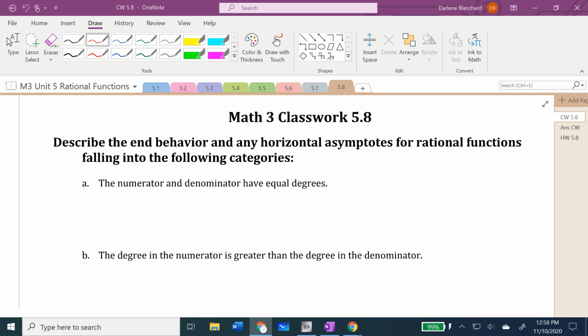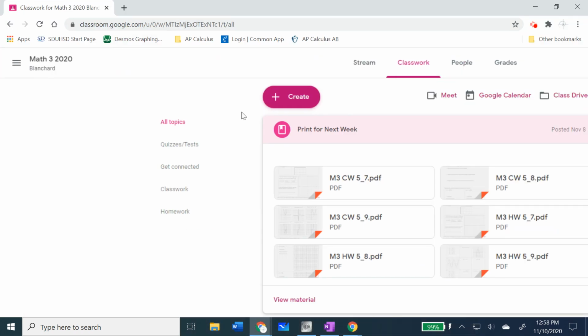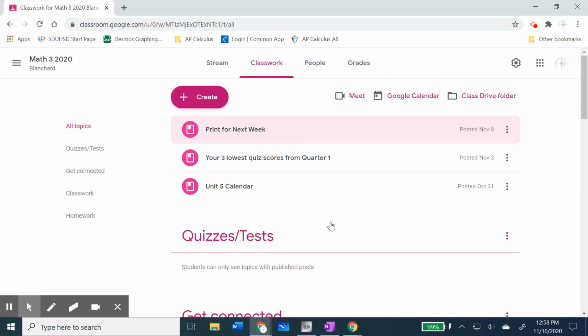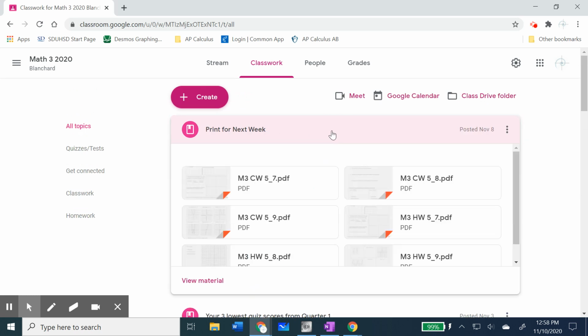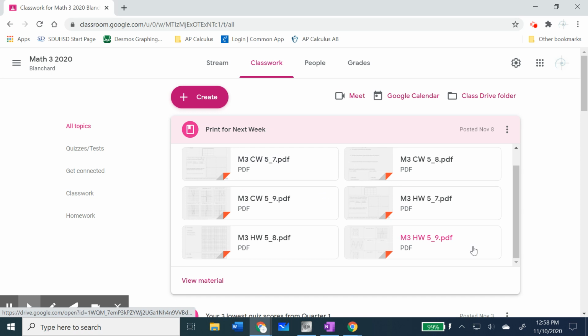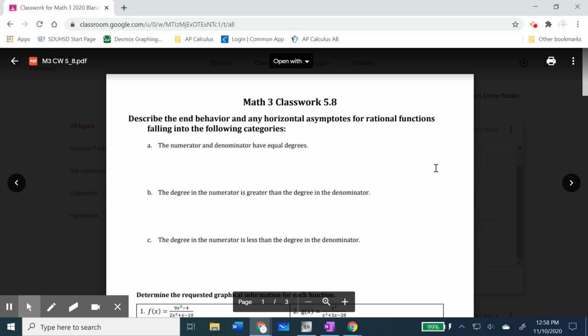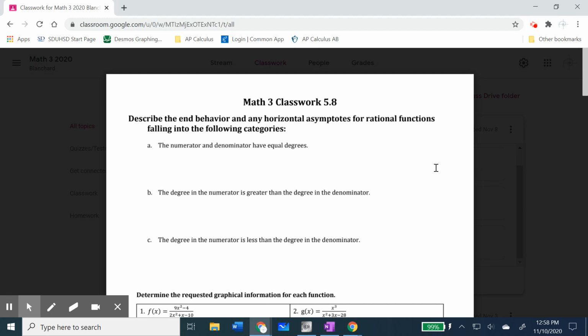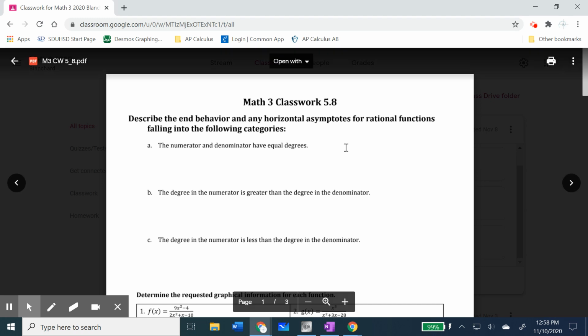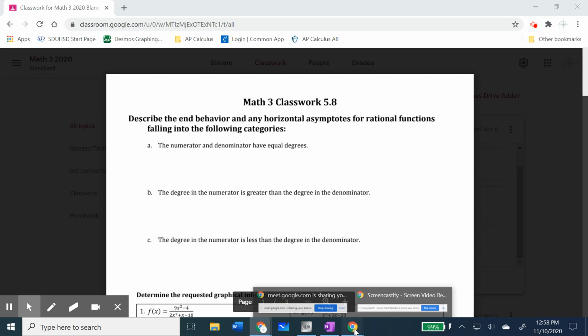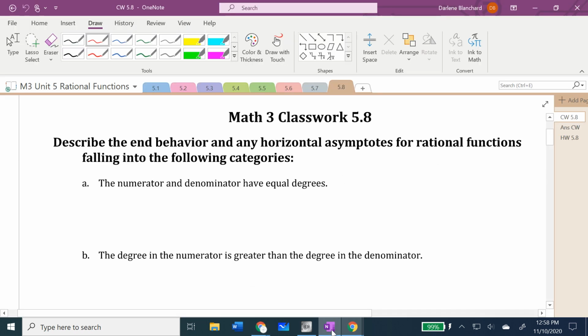If you go to print next week, let me show you. I have not under a category a print for next week. I have classwork 5.8 on there, the blank one. So if you need to print it out, go on there to print out the blank copy. And I'll fix that after class, but right now I need to keep going and make sure that I get through this lesson.